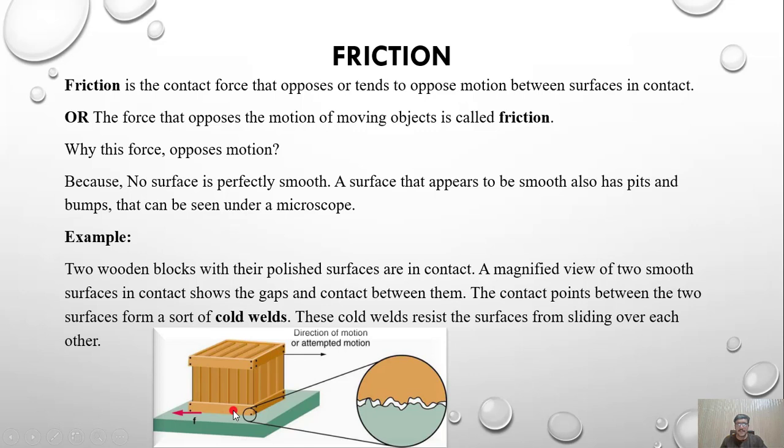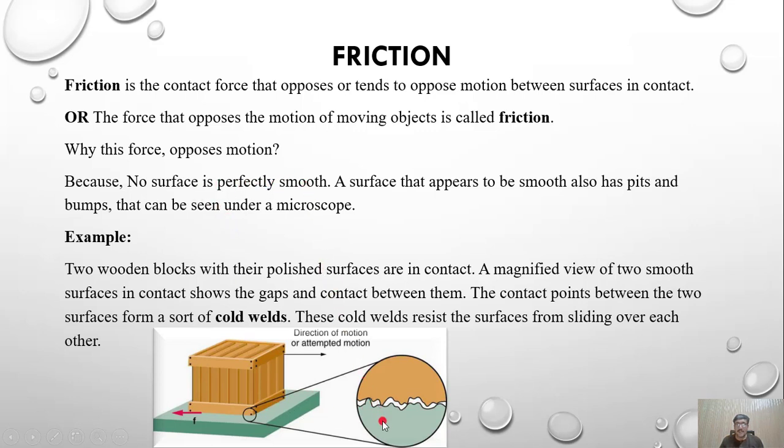Why is that friction occurring? Because two surfaces are in contact with each other. Whenever there is contact of two surfaces, friction will occur, and friction basically opposes the motion and resists moving the object on that surface. Though the surfaces of these two objects are very smooth, they are not perfectly smooth.